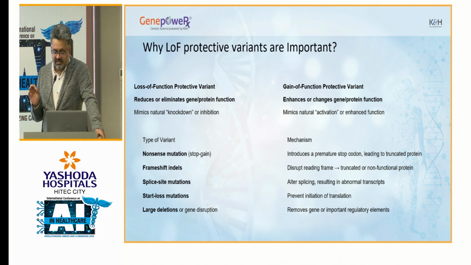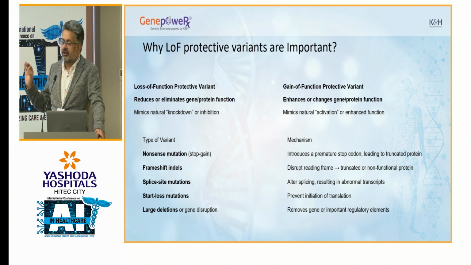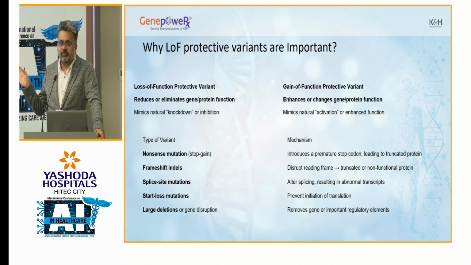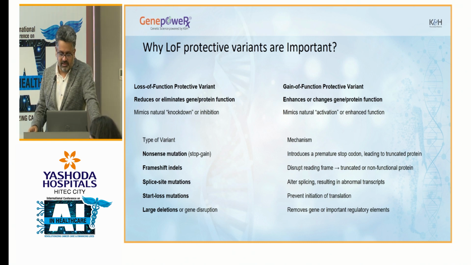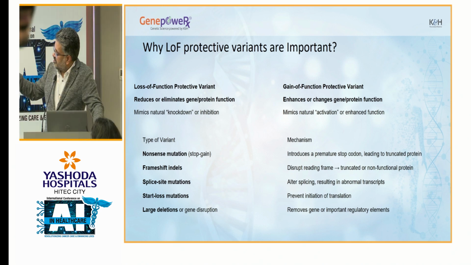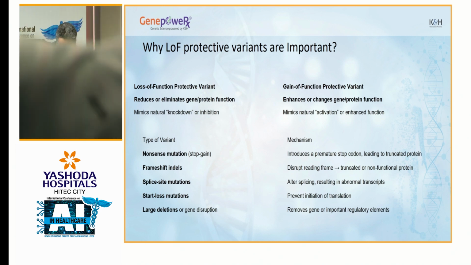Not everything will cause disease, but these changes are very important. When these are expressed, they will cause disease. How we know about expression is a different topic for discussion altogether. My point of interest is always the loss of function protective variant.